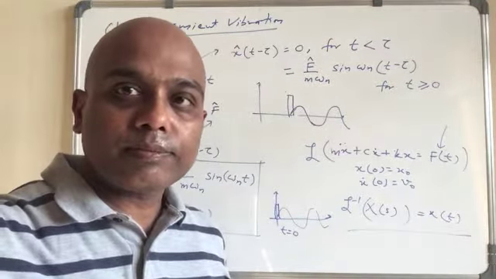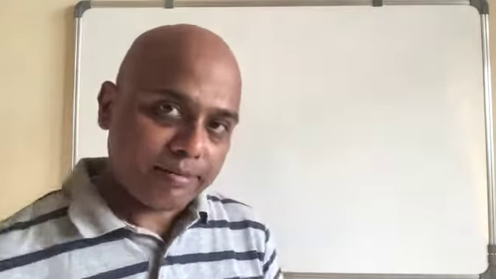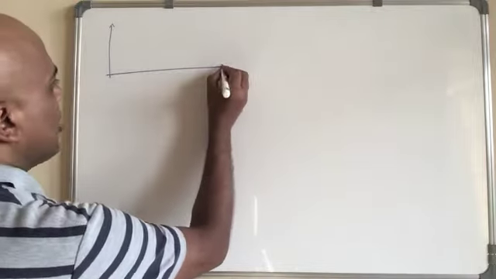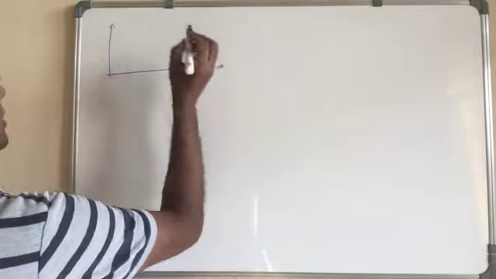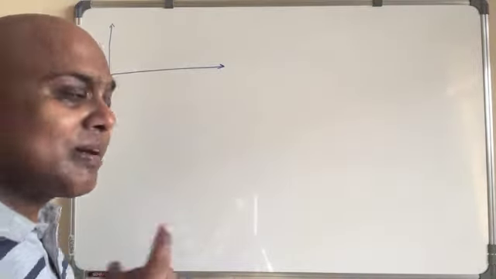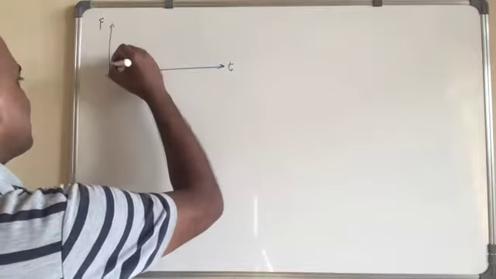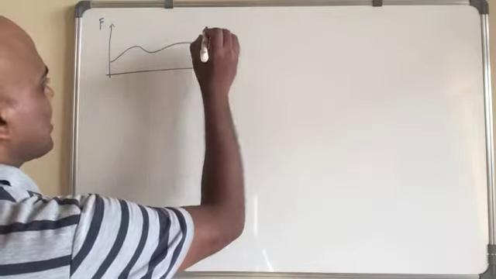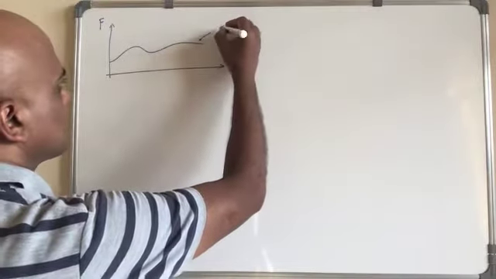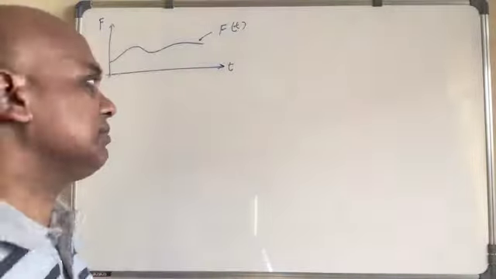Okay. So let's first understand, if any kind of force is given, how we can interpret it differently. This is t, this is F, and let us say any kind of force is given like this, an arbitrary force F(t).